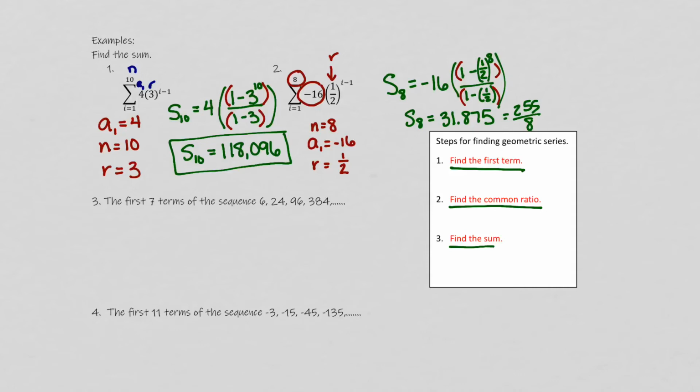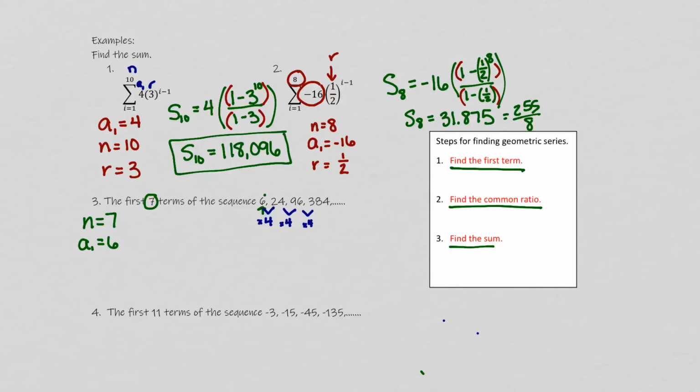Okay, so this wants the first 7 terms, so I know n is 7. I know the first term right here is 6, so A1 is going to be 6. And then what do I multiply 6 by to get to 24? I multiply by 4. 24 times 4 is 96. 96 times 4 is 384.